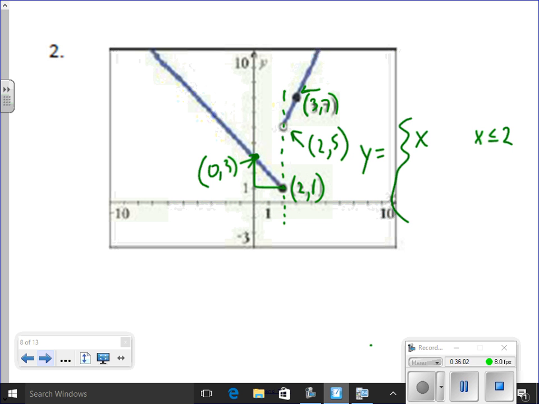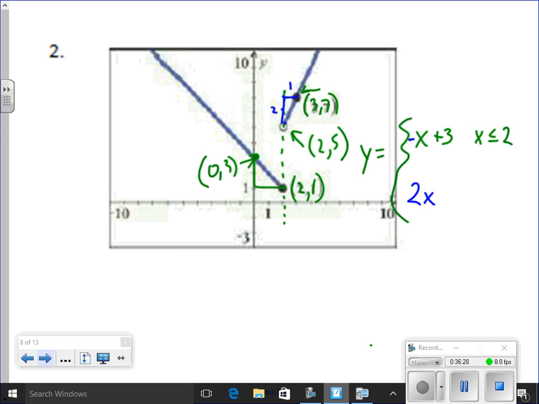And then it hits at 3, so x plus 3. The other line, (2, 5) to (3, 7), means it's going to go up 2 and over 1. So it's going to have a slope of 2. Oh, I need to fix this one's going downhill, so that's a negative x plus 3. This is going uphill, so it's going to be a positive 2 over 1, or slope of 2.